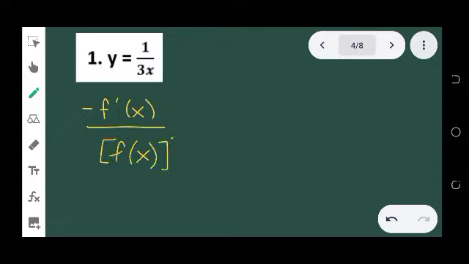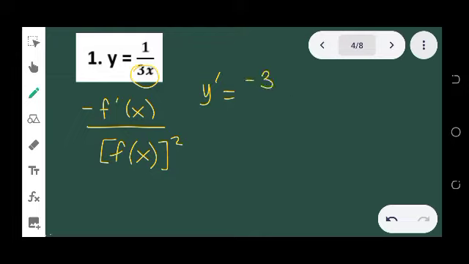Let's have the first example. Number one, y is equal to 1 over 3x. Again, the formula is negative f prime of x all over f of x squared. So you just get the derivative of the function. The function is 3x, the derivative is 3, and of course, you have the negative.